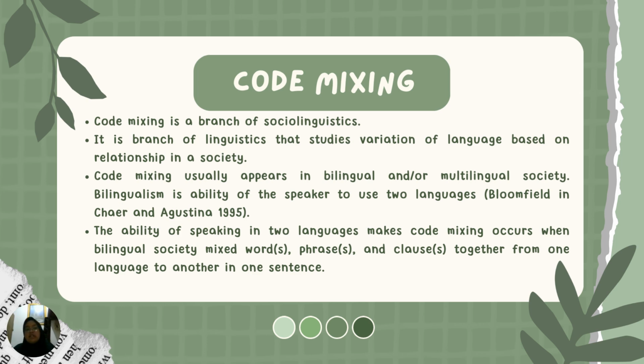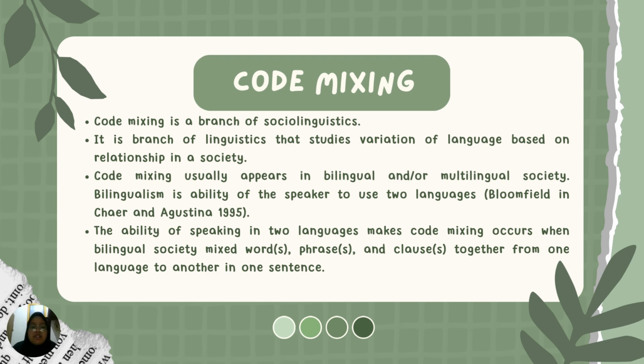The next one is code mixing. Code mixing is a branch of sociolinguistics, a branch of linguistics that studies variation of language based on relationships in a society. Code mixing usually appears in bilingual and or multilingual societies.